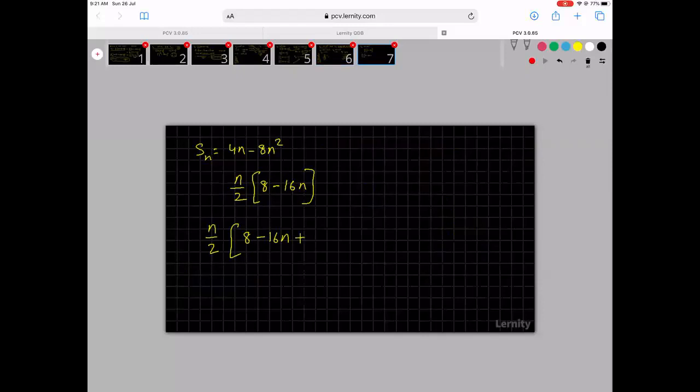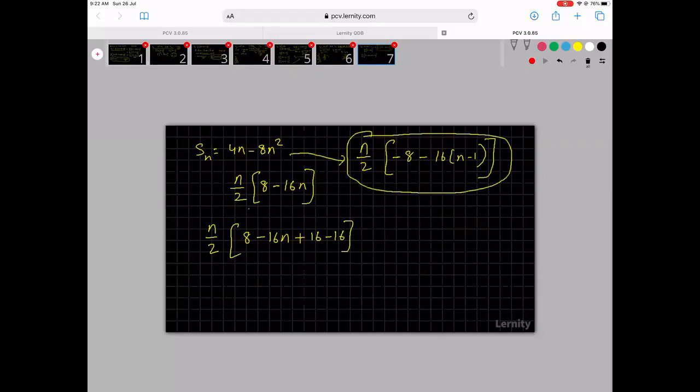So I'll take plus 16 minus 16, so that it is 0. So I take n by 2 into minus 8 minus 16 times n minus 1. Now if it looks like this, then 2a is equal to minus 8, so a is equal to minus 4, and d is equal to minus 16.